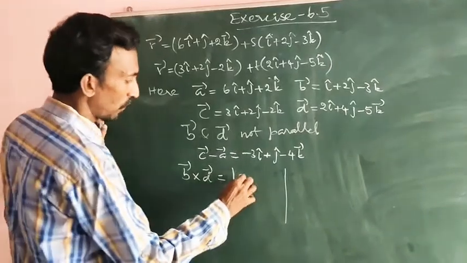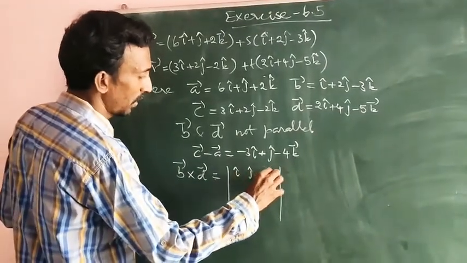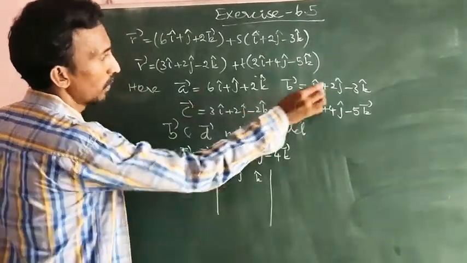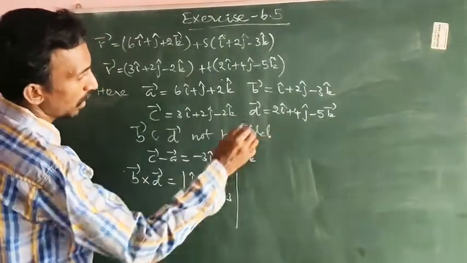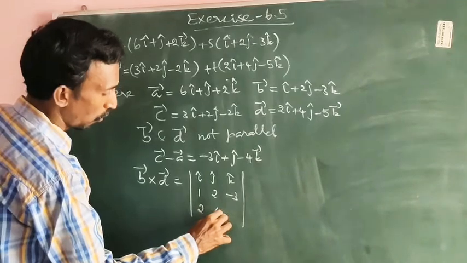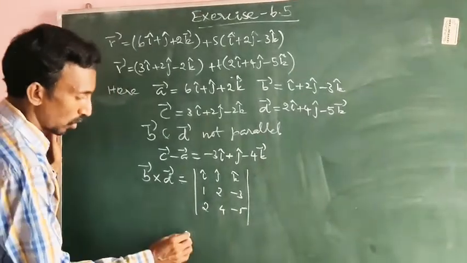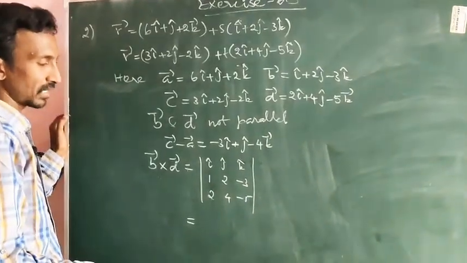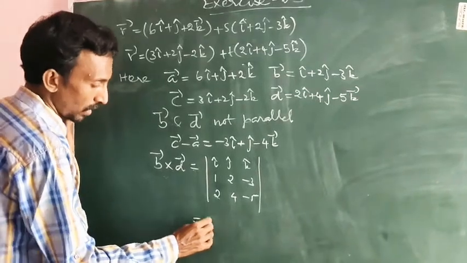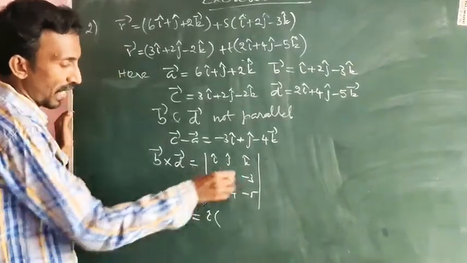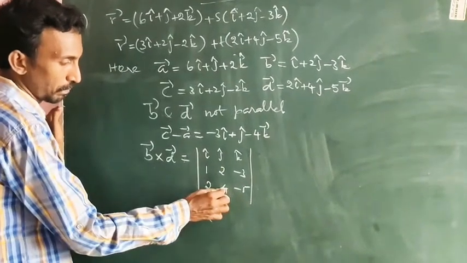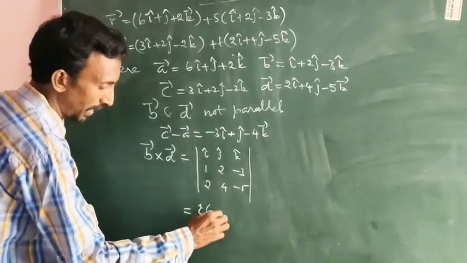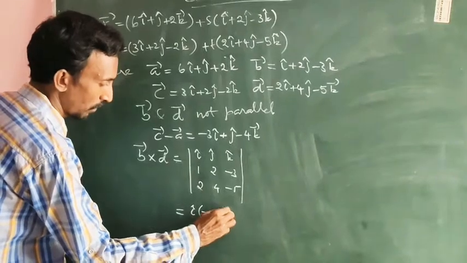Okay, so first row i, j, k, second row components of b: 1, 2, minus 3, third row components of d: 2, 4, minus 5. So I am writing the answers directly. Expansion: we write the i vector and delete that row and column. So minus 10 plus 12.